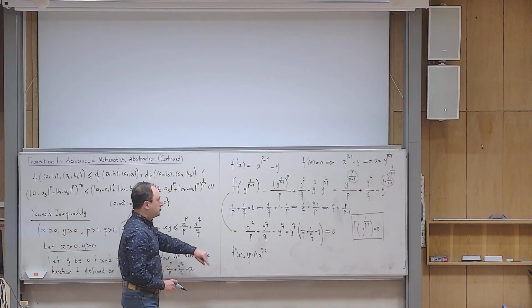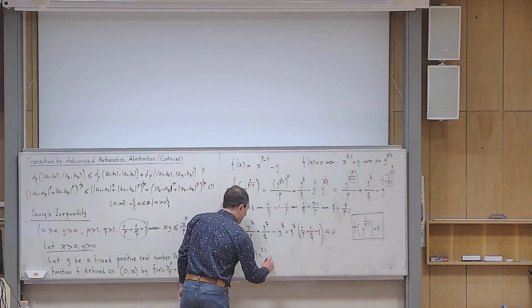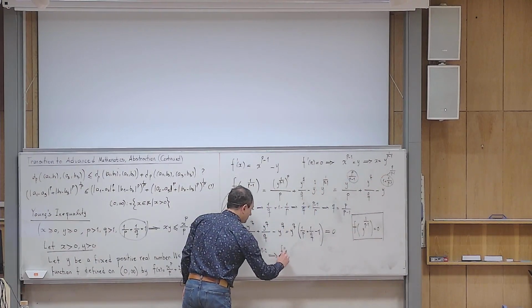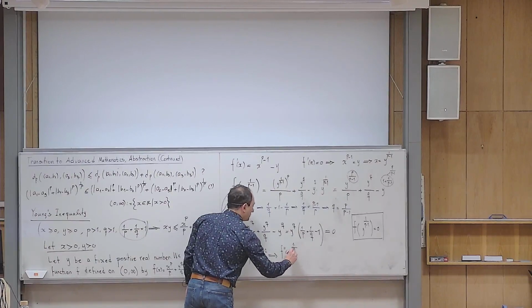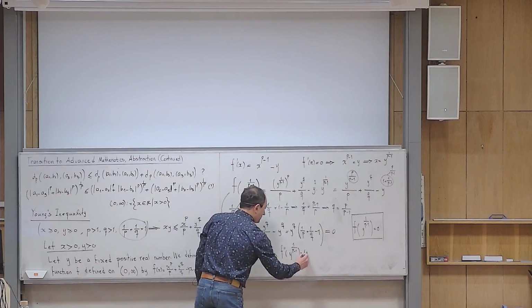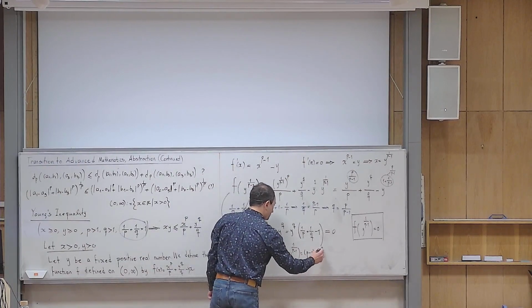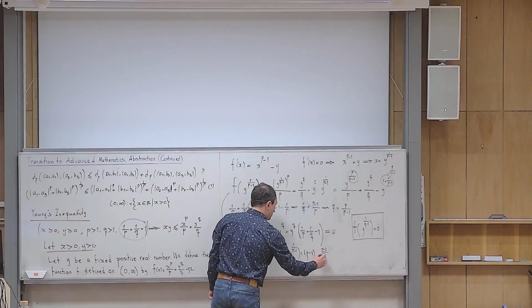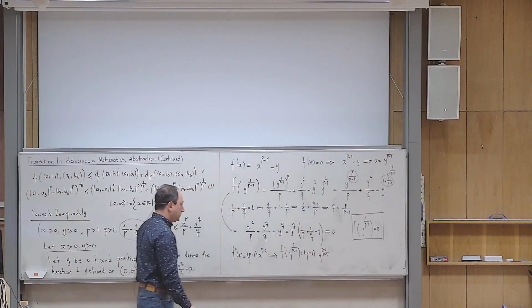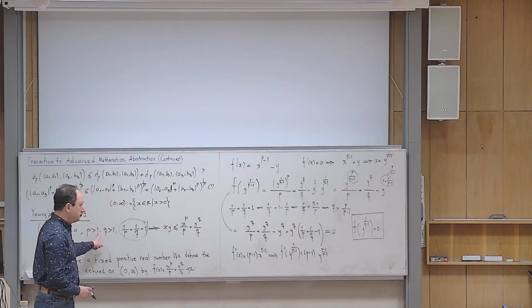Then I have to put this here and see how the second derivative looks. It becomes p minus 1 times y to the power of p minus 2 over p minus 1. This is guaranteed to be positive because p is greater than 1.